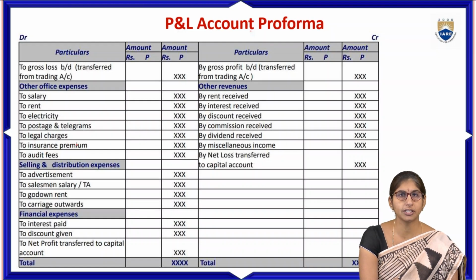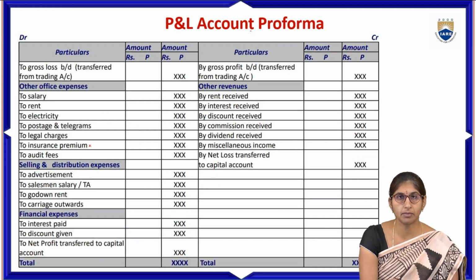And now insurance premium. If we are insuring the office furniture or the factory, whatever it may be, the premium we pay for the insurance of a particular product is also expenditure. It is a regular expenditure. Whatever regular expenditure is incurred by the organization has to be recorded in the debit side of the P&L account.